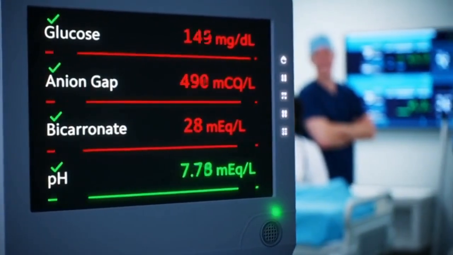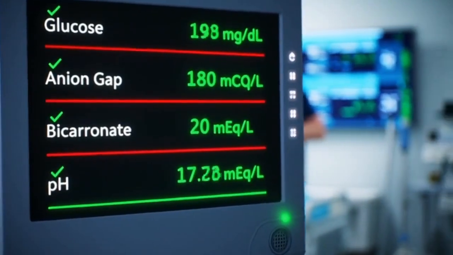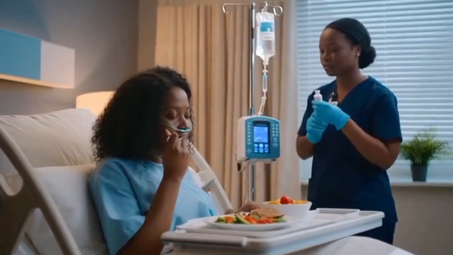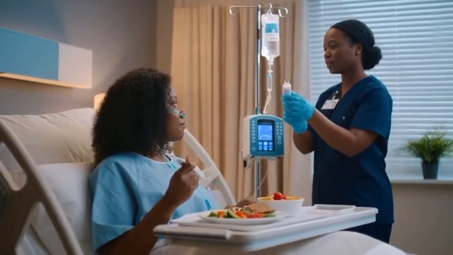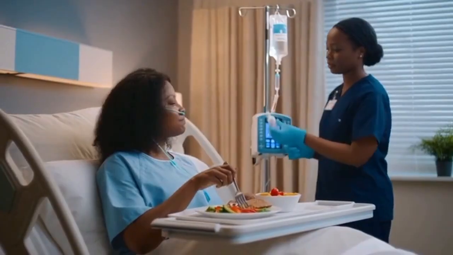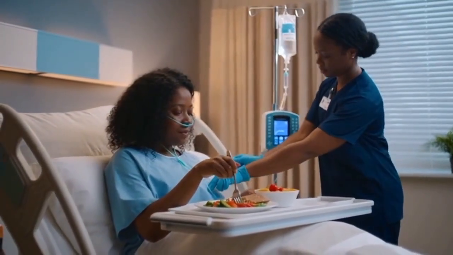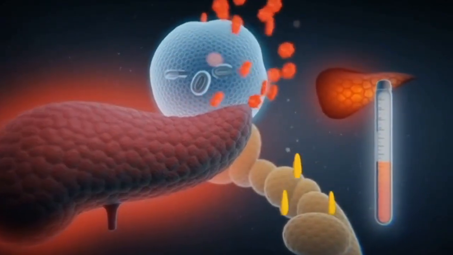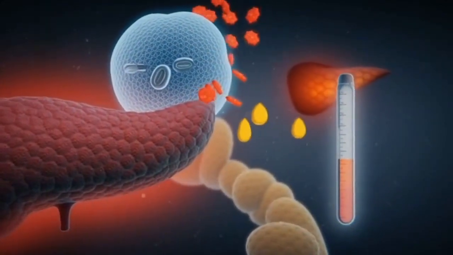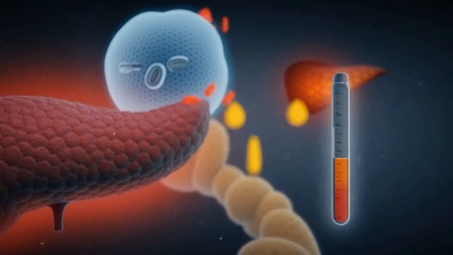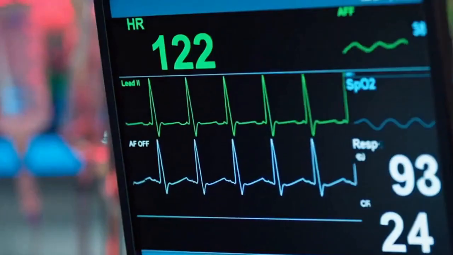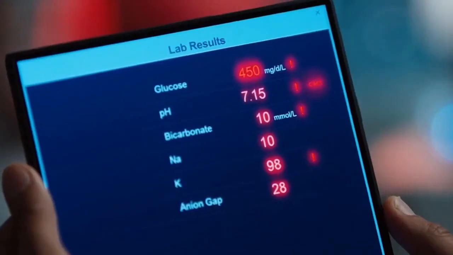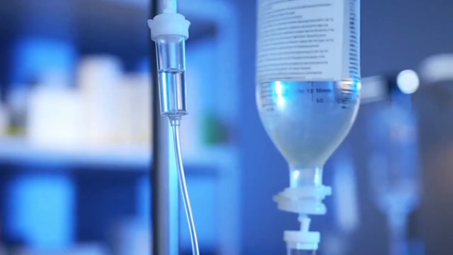Once glucose drops to 200 milligrams per deciliter, add dextrose to the IV fluids, typically D5W, alongside the saline, and reduce the insulin infusion to 0.05 units per kilogram per hour. The goal is not to normalize glucose rapidly. It is to close the anion gap and clear ketones. Continue insulin until the anion gap closes, pH is above 7.3, and bicarb is above 18.